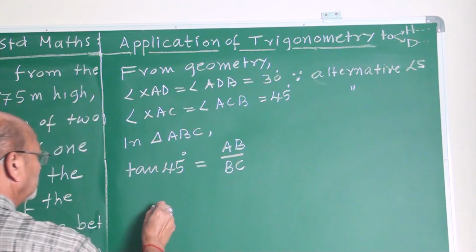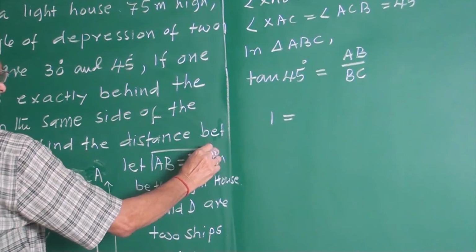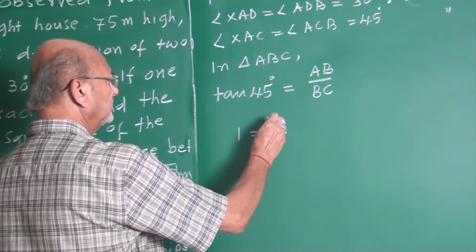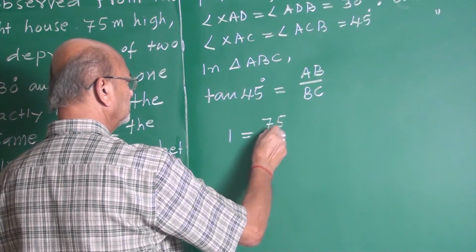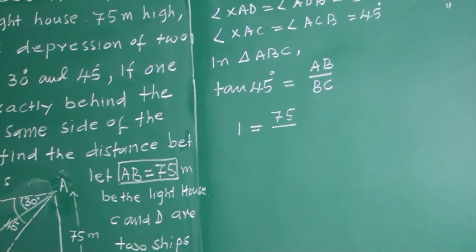Tan 45 is 1. AB is 75 meters. What is the value of BC?